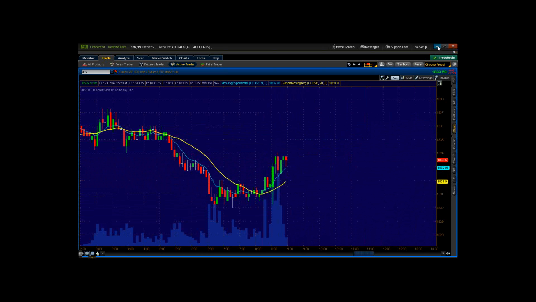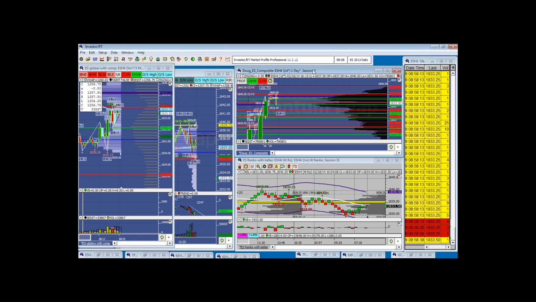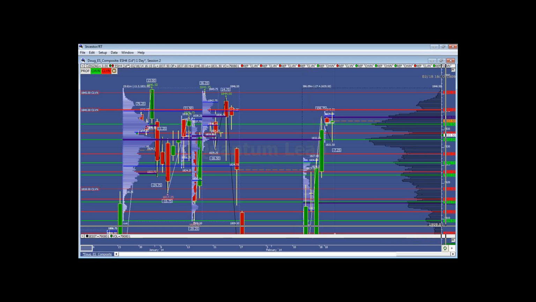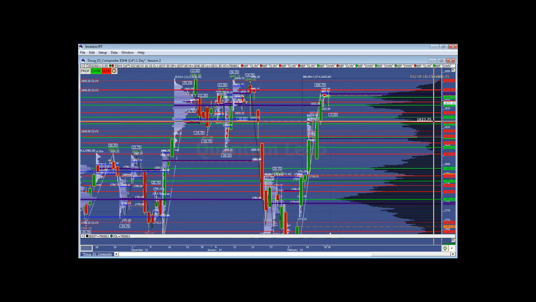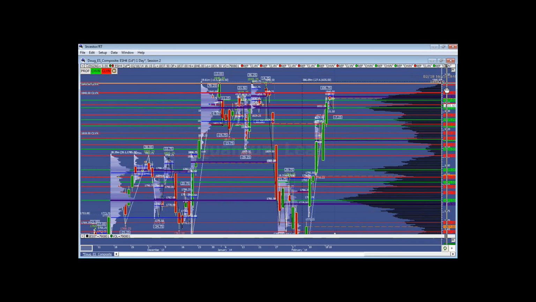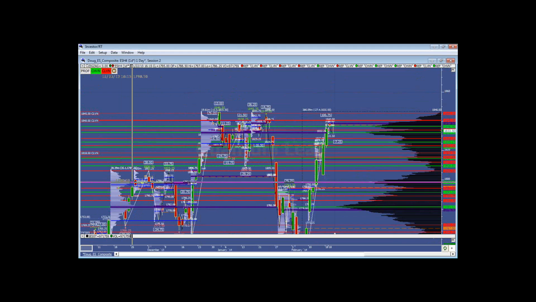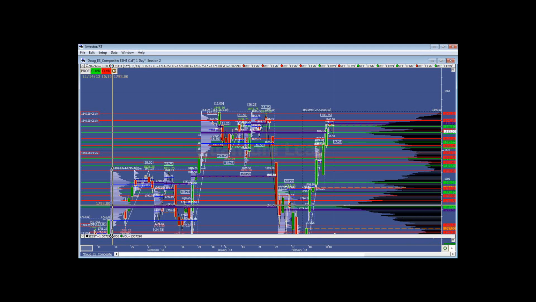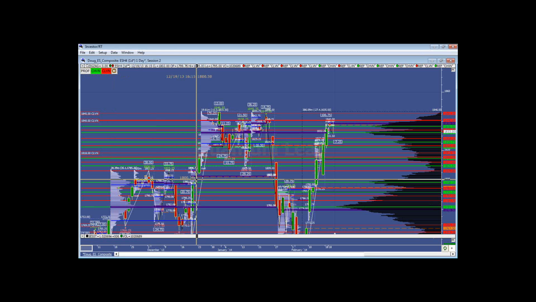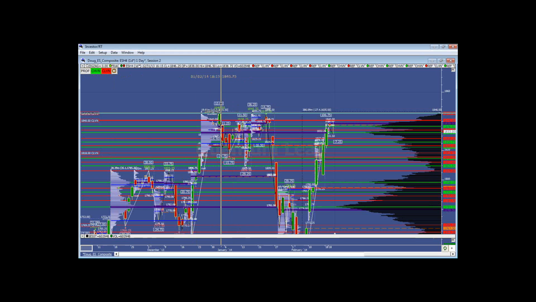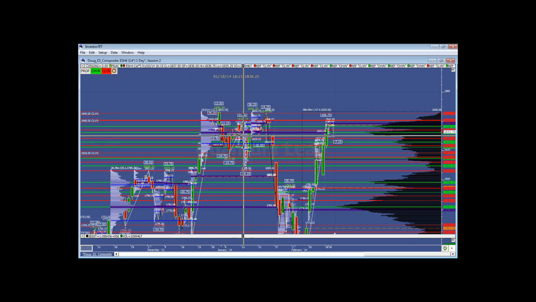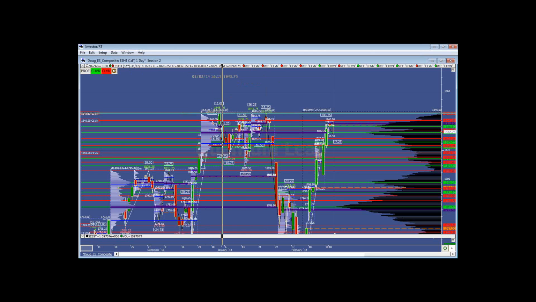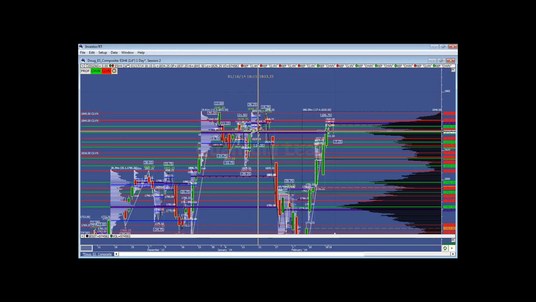So let's go and take a look at the macro. We were down in this balance zone between November the 14th through to the 19th, and we broke up, went and made the all-time high at 46.50, chopped around here, tried to go up and make a new high, hit the year high at 1845.75, but couldn't hold.